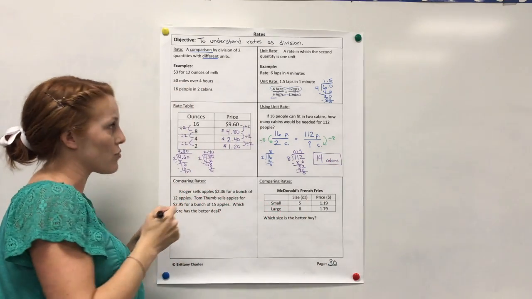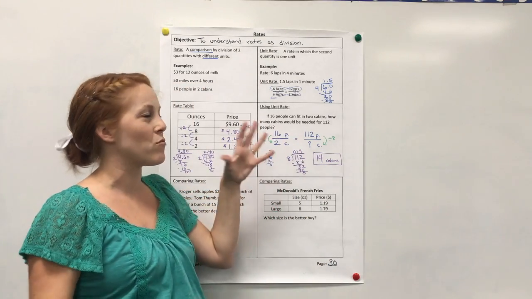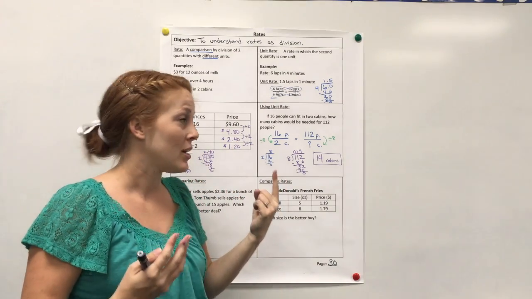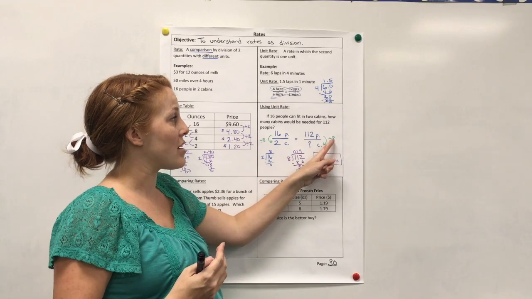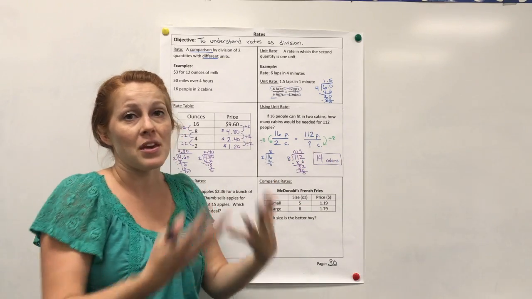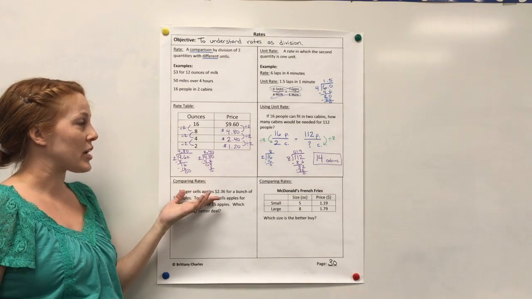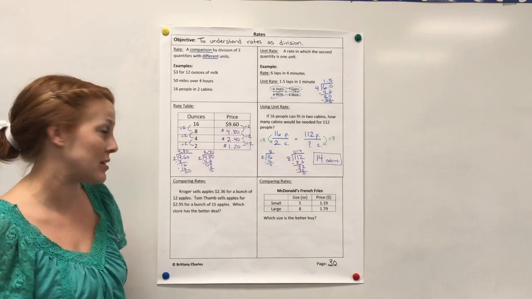So again, I used unit rate because I divided the rate I already knew, figured out how much that would be for just one, and then I could use that number to help me solve the thing that I was missing. Okay, now we're going to look at a way to compare rates.